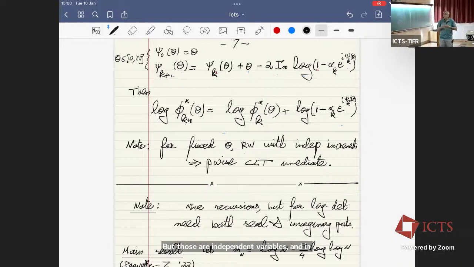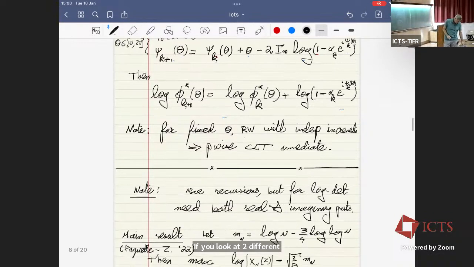So you get for free a CLT on this psi, and in fact, you can write the log of the phi, the orthogonal polynomials we care about, again as a random walk driven by these psi's. So again, the increments of the log are independent random variables. Okay? So for each fixed theta, we have a pointwise CLT. Of course, this is not jointly a random walk. If you look at two different thetas, it becomes rather complicated.